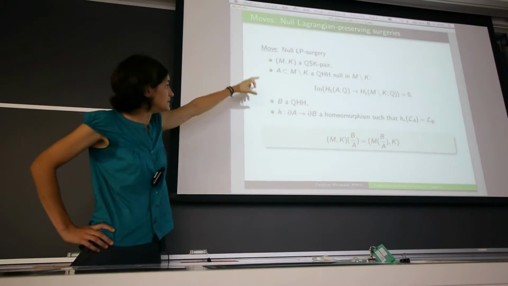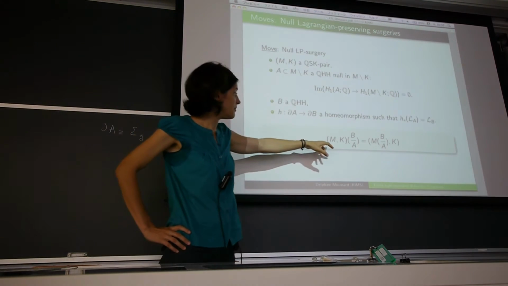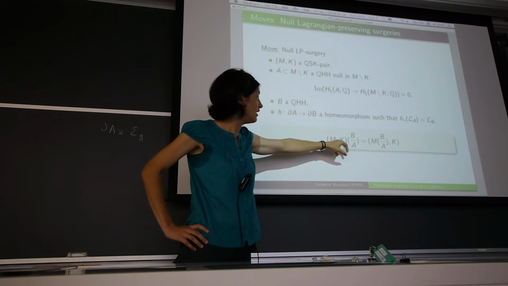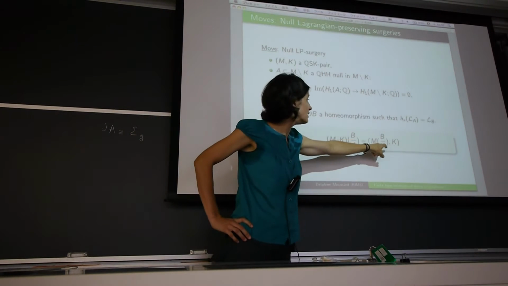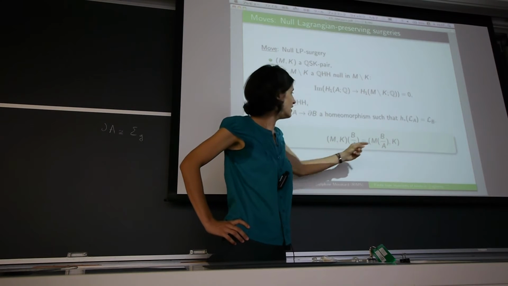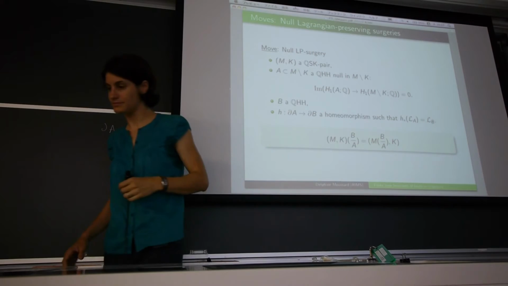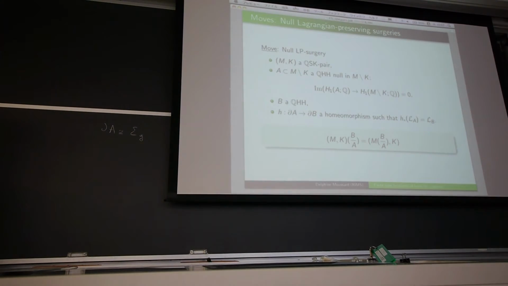And then with the same data as before, we define the QSK pair obtained from (M, K) by the surgery where B replaces A, by considering the manifold obtained by surgery and the copy of the knot K in the new manifold. So this defines the move of null-Lagrangian preserving surgery.